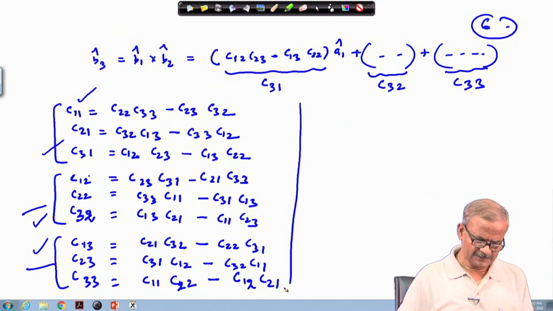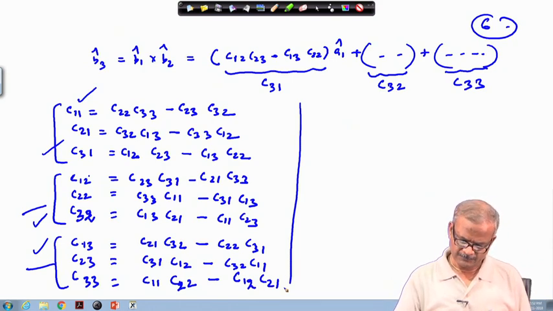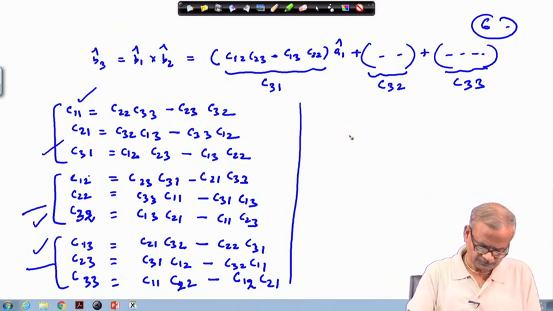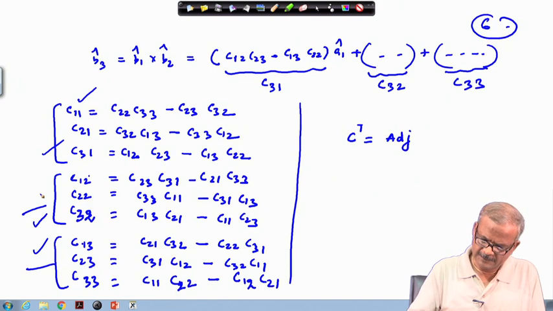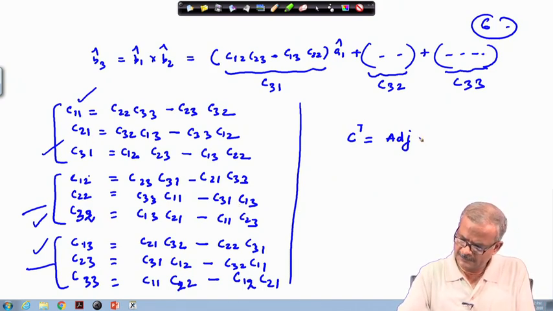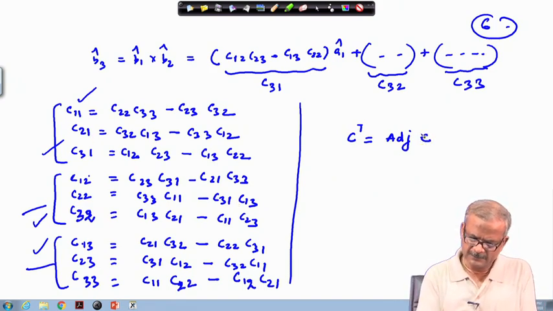Another part which is interesting to look into is C transpose, the C matrix which is forming here. This is nothing but adjoint C, the way it has been written. C 11, the first element of the C matrix, is C 22 C 33 minus C 23 times C 32.